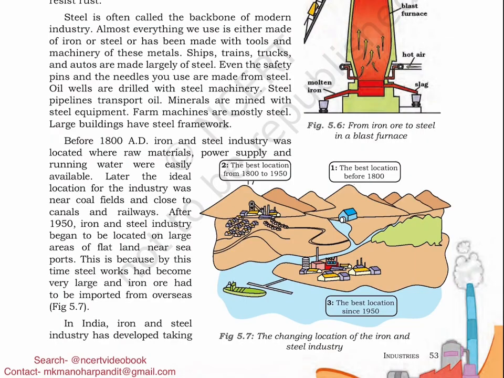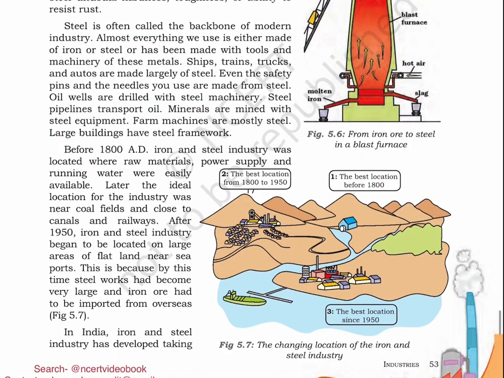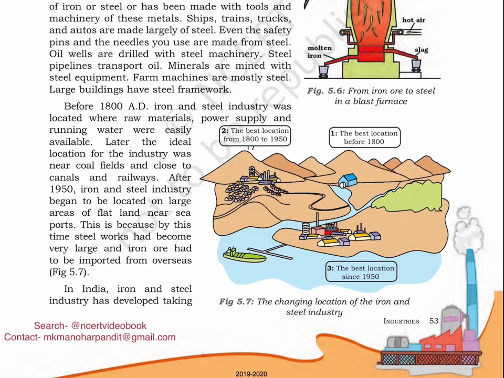Before 1800 AD, the iron and steel industry was located where raw materials, power supply, and running water were easily available. Later, the ideal location for the industry was near coal fields and close to canals and railways. After 1950, the iron and steel industry began to be located on large areas of flat land near seaports.